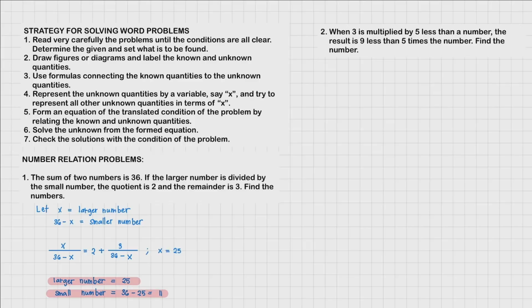When 3 is multiplied by 5 less than a number, the result is 9 less than 5 times a number. Now we are to find that number. Alright, so here we are going to let x be our required number.